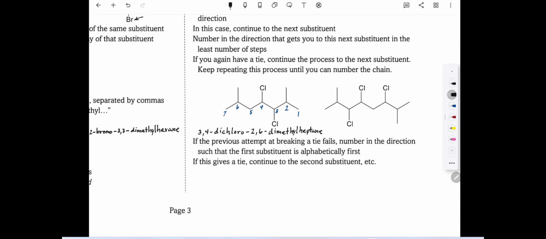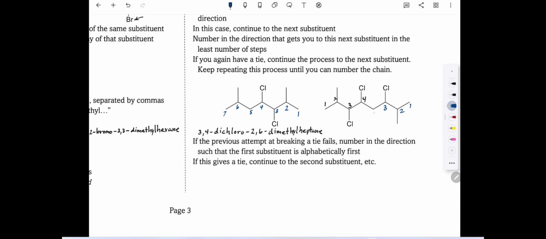So we have a similar looking compound to the right. I think you see that if we go from the left, we'd get 1, 2. If you go from the right, it'll be 1, 2, so there's a tie. Continuing on, the next substituent would be on 3. Continuing from the other direction, it would still be on 3. And if we continue on, the third substituent would be on 4 if we're going from the left.